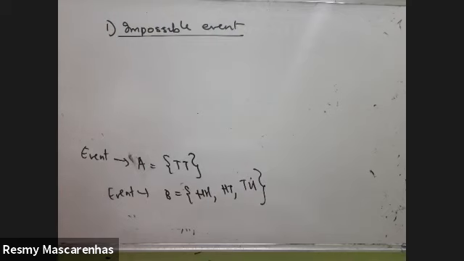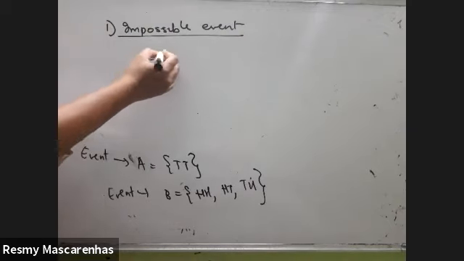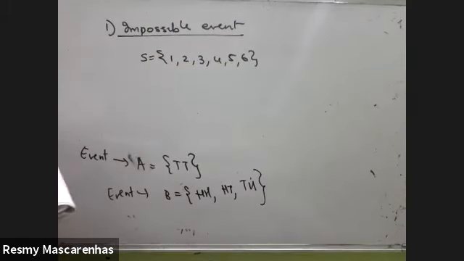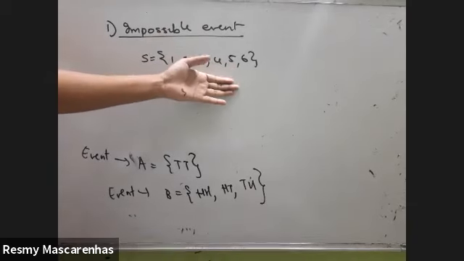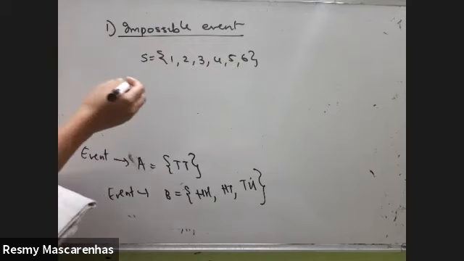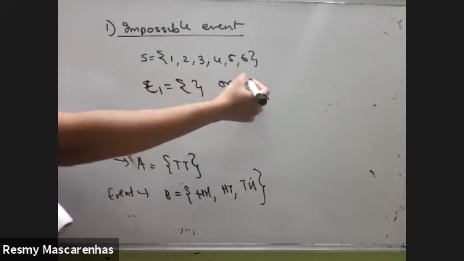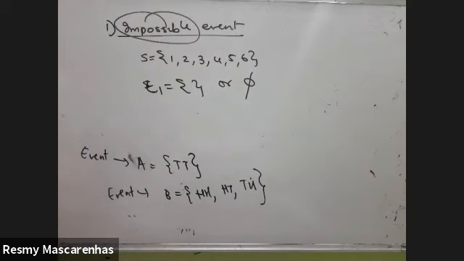Since I've given one example, see, rolling a die. When you roll a die, the sample space is this. Now what is the event they are asking you to find? Let E1 be the event where the number that appears on the die is 8. Is there actually a number 8 in the sample space? No, that condition doesn't exist. So that's why E1 will be empty, or you can write it as phi. So it's an impossible event. It is not possible to have a number 8 on the die.